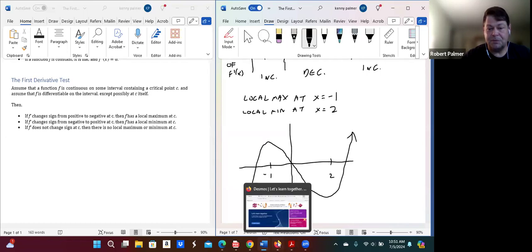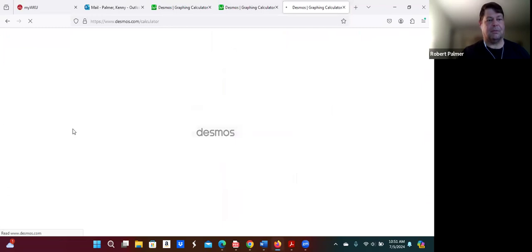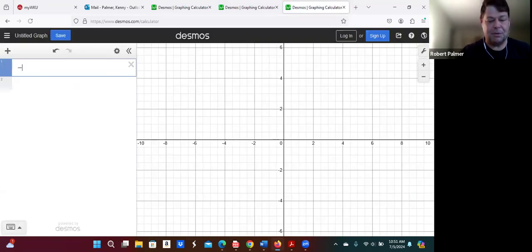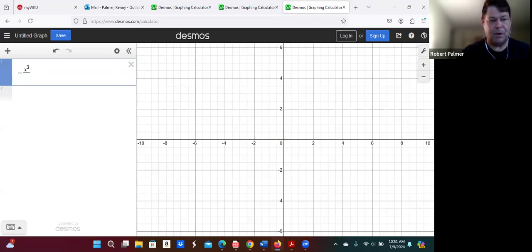Let's go to Desmos. Let's just verify what we have. So negative x cubed divided by 3 plus x squared divided by 2 plus 2x.